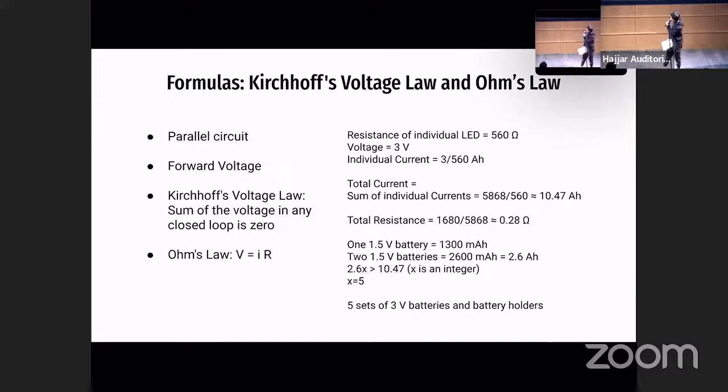On the LED package, it says 20 milliamps and 3 to 12 volts, which means that the LED will be lit when it receives between 3 to 12 volts, meaning that 3 volts, or something a little less than that, is the forward voltage. The forward voltage is the minimum voltage required to turn it on.